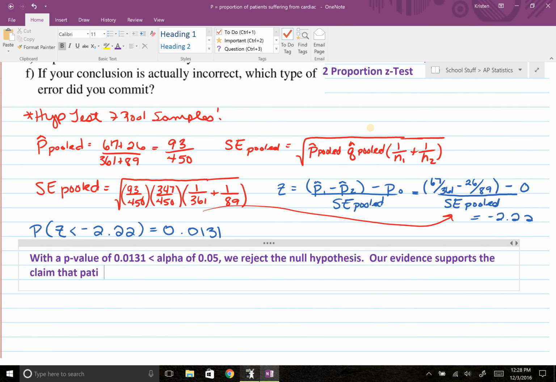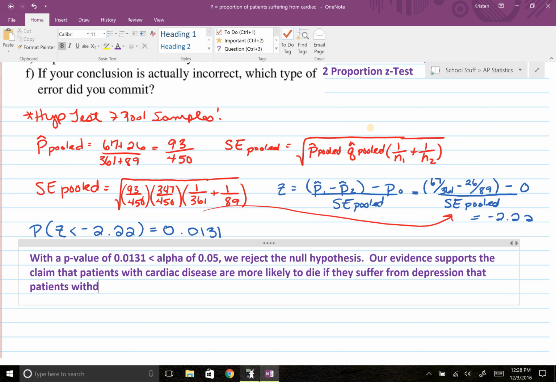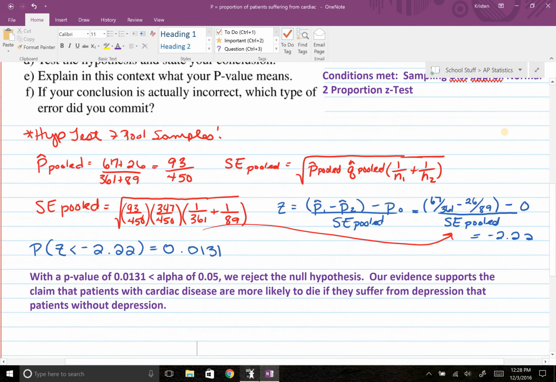That patients with cardiac disease are more likely to die if they suffer from depression than patients without depression. Okay? All of that goes together for part D.